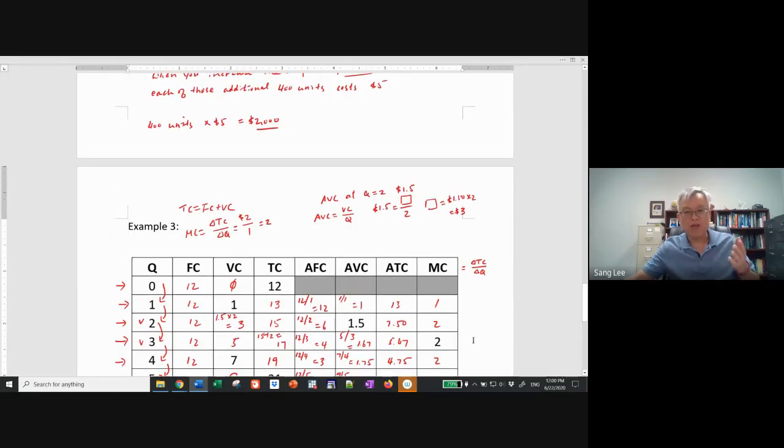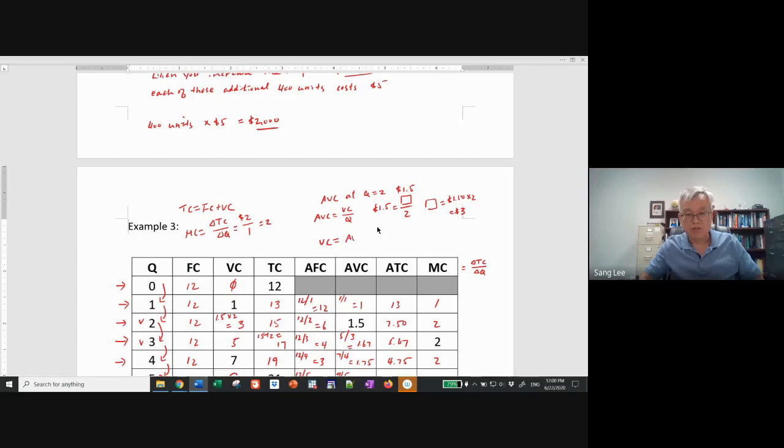Also remember, whenever you are given average variable cost and quantity, you can always figure out variable cost. Why? Because you can simply reverse the process.